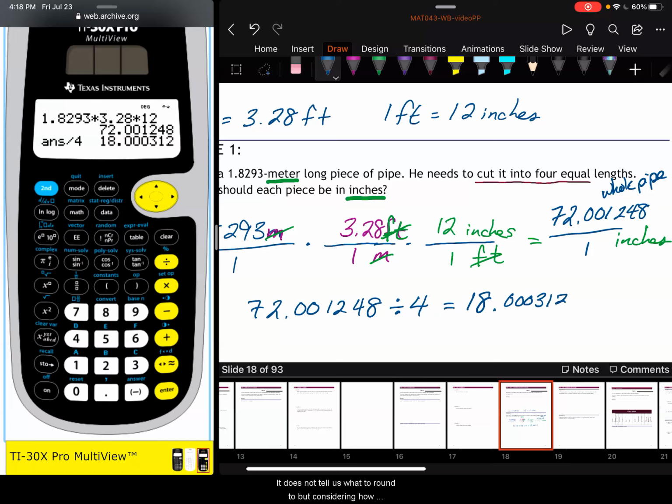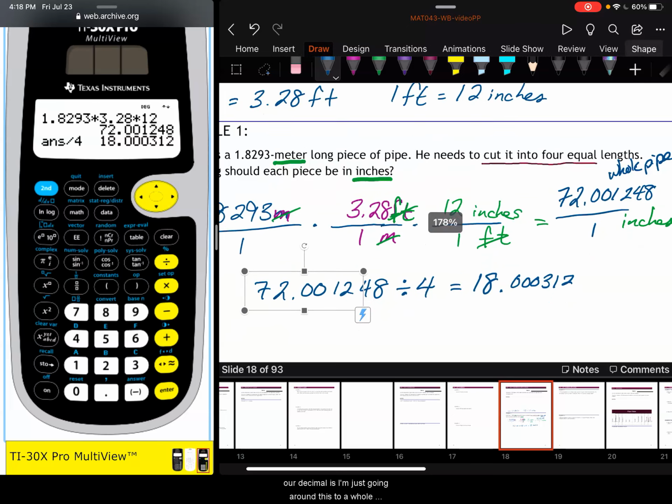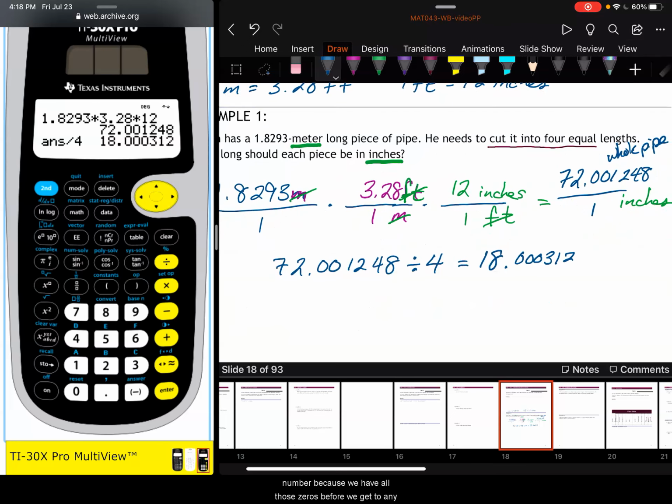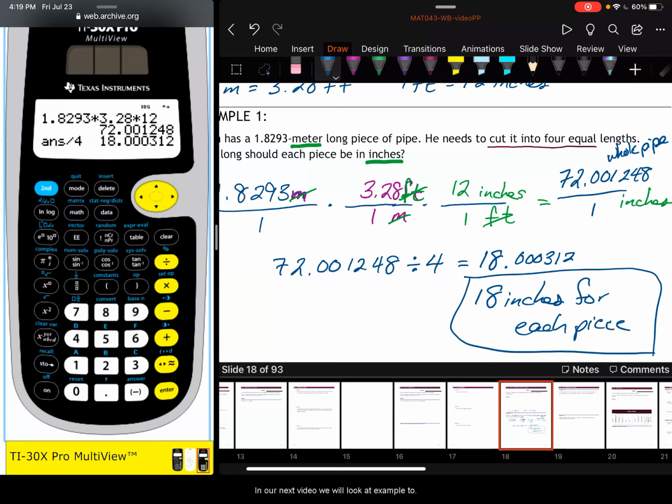It does not tell us what to round to, but considering how our decimal is, I'm just going to round this to a whole number because we have all those zeros before we get to any values. So 18 inches for each piece. Okay. In our next video, we will look at example 2.